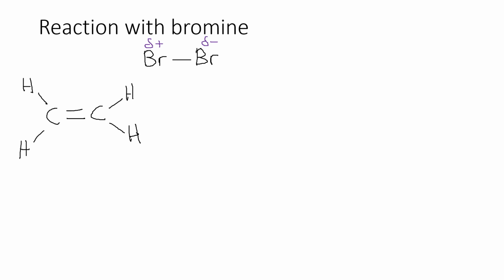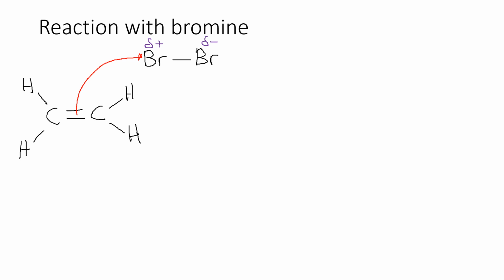And in terms of how this reaction proceeds, this pi bond here, the double bond, is very electron rich, so it's very negatively charged. And the pi bond is attracted to the delta positive bromine. So we have a curly arrow here going from the pi bond to the bromine.